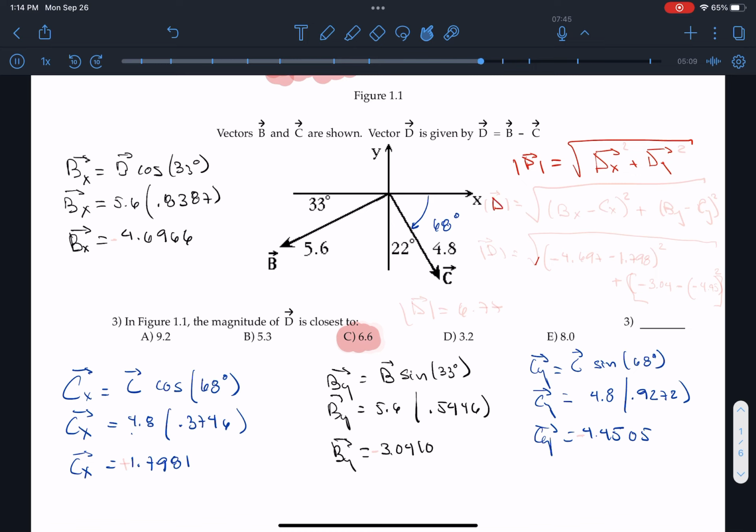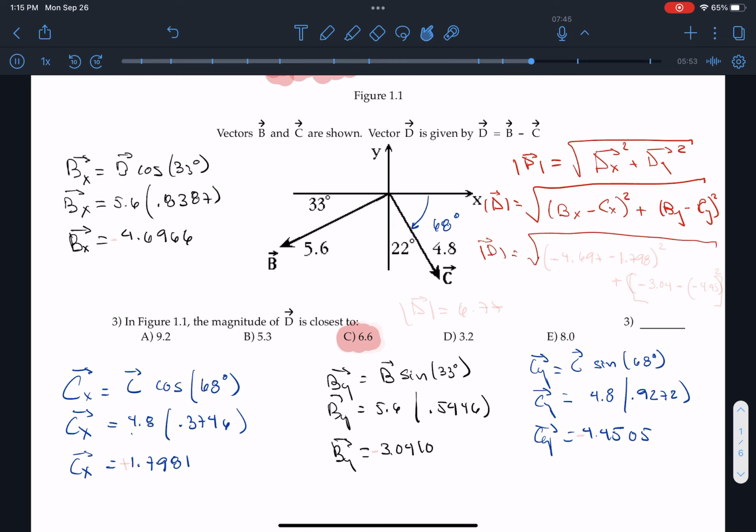So now, the length of vector d is going to be equal to the square root of the b on x component minus c on x component to the power of 2, plus the b on y component minus c on y component to the power of 2.